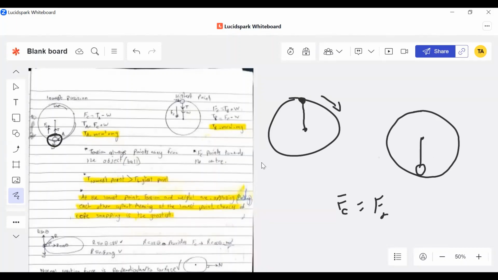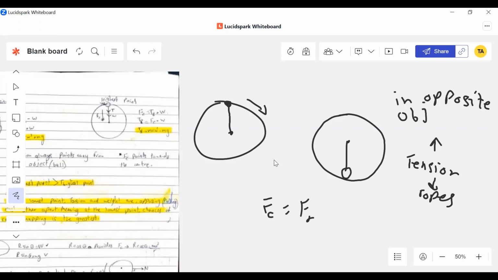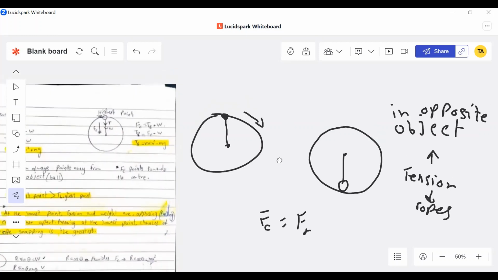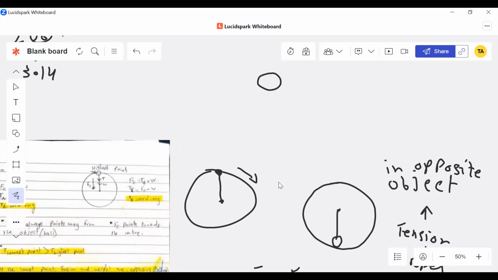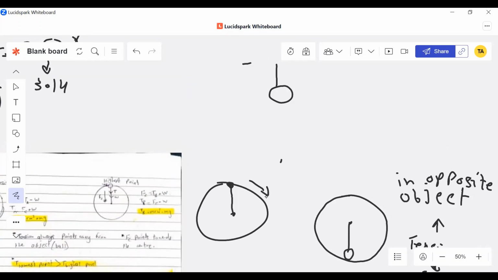Let me tell you a little about tension. Tension is present in ropes and strings, and basically anything that can stretch will have tension, and tension will always be in the opposite direction to the object. For example, if I have a ball attached to a string, and this string is fixed to a wall, the tension would be pointing in the opposite direction to the object.